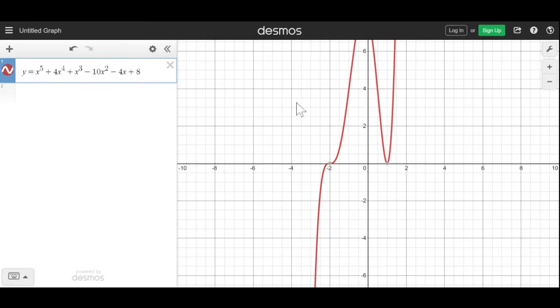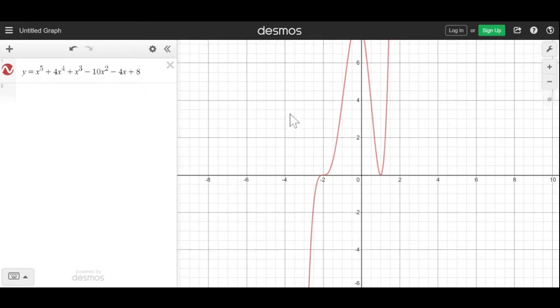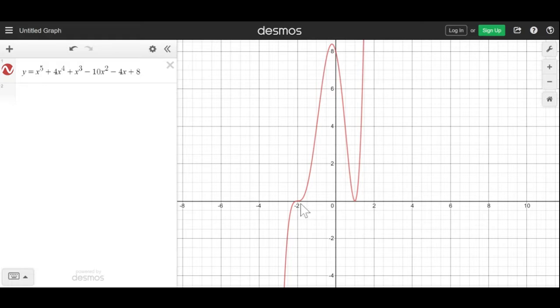Now I want you to look at the graph here and see the difference from the previous graph. So here's the zero. Looking at this zero here, negative 2, it's a cubic curve, so this one has multiplicity of 3. It touches the x-axis and wiggles down. The other one here touches the x-axis but bounces back like a parabola, so this one has multiplicity of 2.